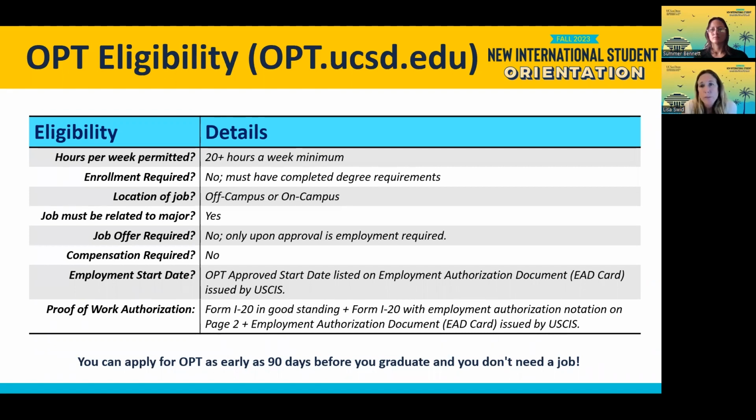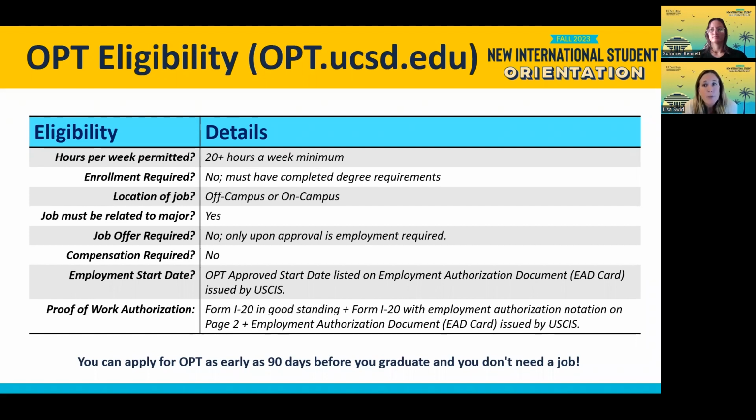Once your OPT is approved, you must work a minimum of 20 hours per week. You can be engaged in paid employment, unpaid, or volunteer work, off campus or on campus, during the OPT period. The most important thing is that the job is related to your field of study, and you must have met the one-year academic requirement. So OPT is something that is recommended by ISSO.